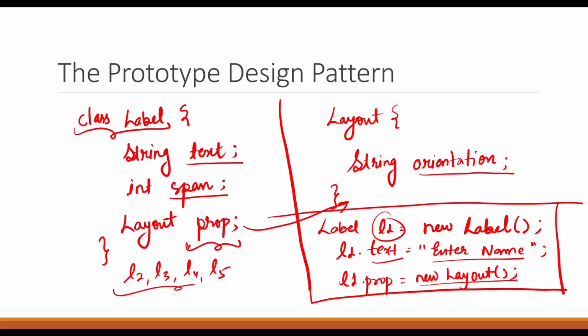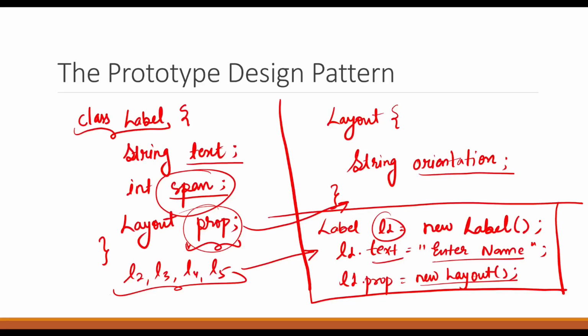These 5 more elements would be created in a similar fashion as I've created over here. That's a lot of manual work, as well as a lot of setting of values going into each of L1, L2, L3, L4. In reality, many of the labels will have almost the same span and the same properties, which could be the same orientation of horizontal and the same span of, let's say, a default value of 1 or 2.